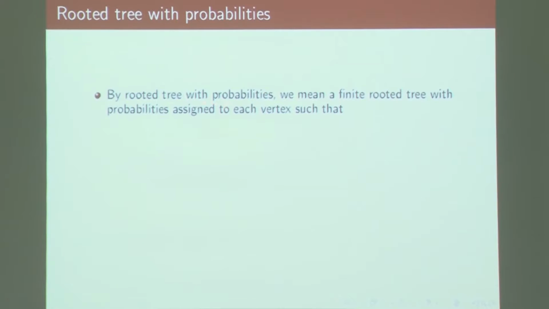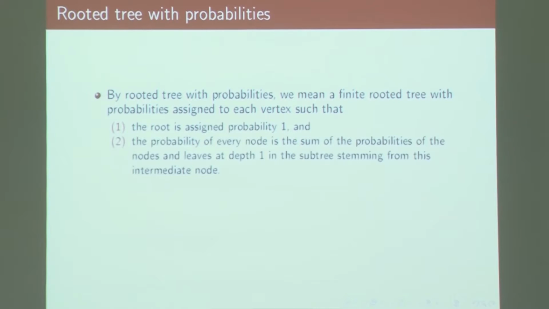So, by rooted tree with probability, we mean a finite rooted tree with probability assigned to each vertex. And how are we assigning probability? The root is assigned probability 1, and probability of every node is the sum of probabilities of the nodes and leaves at depth 1 in the subtree stemming from that node.